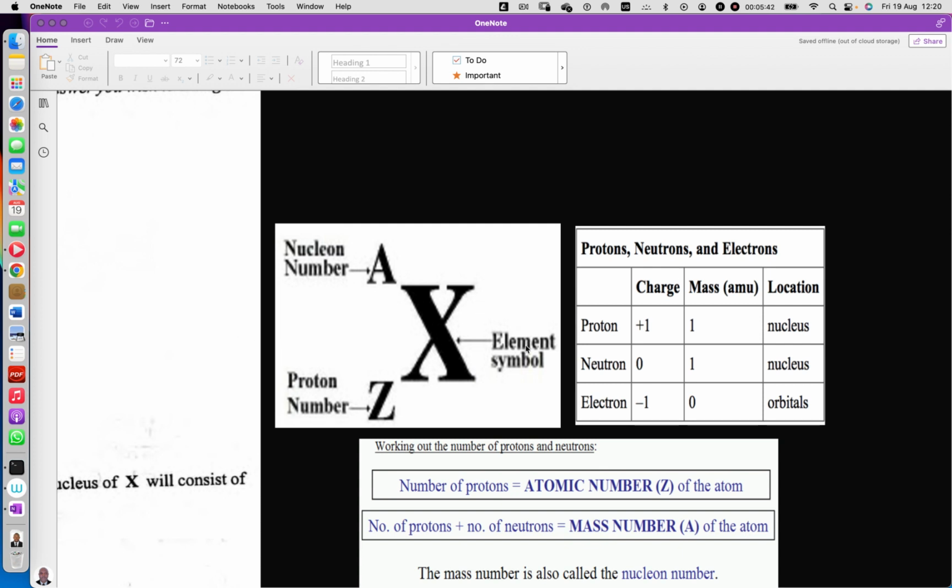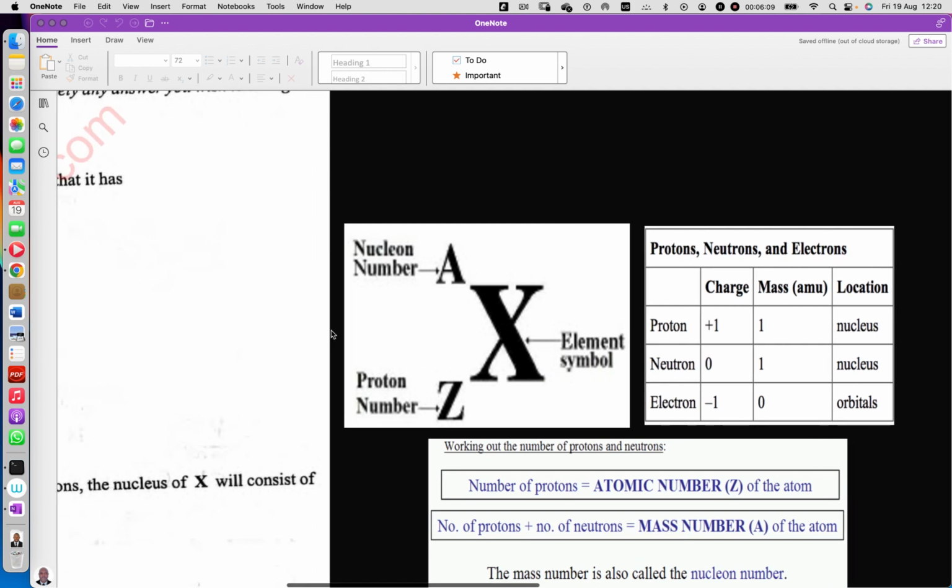So if given the number of neutrons, to find the proton number, it will be the atomic mass, or what we call the nucleon number, minus the number of neutrons. You will have the proton number, or what we call the atomic number.